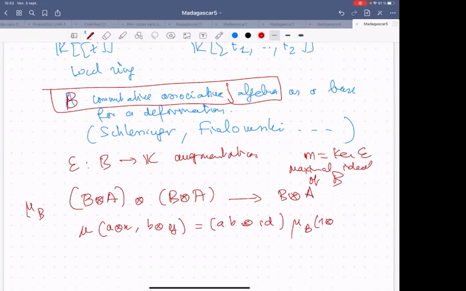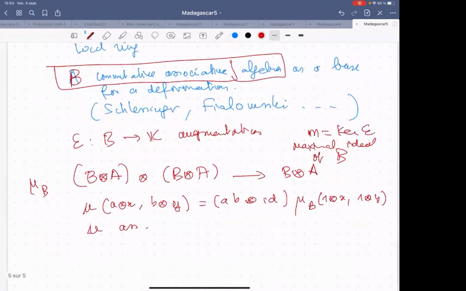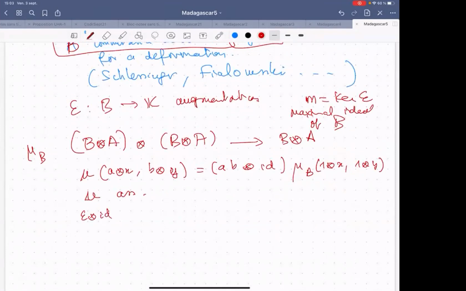Tensor X, one tensor Y, and mu associative, and epsilon tensor identity of mu_B, one tensor X, one tensor Y, should be one tensor mu X, Y, the original multiplication.